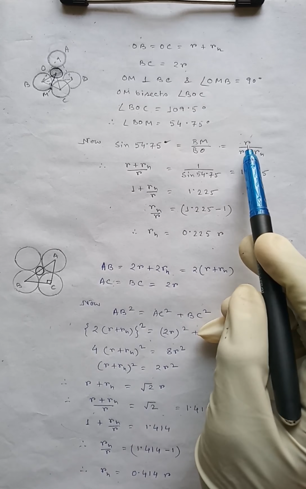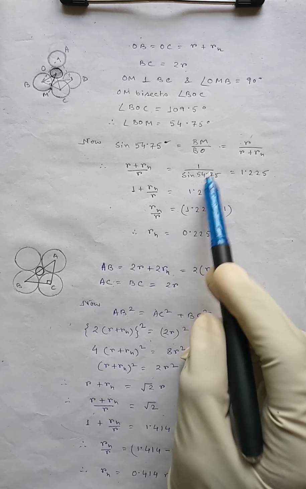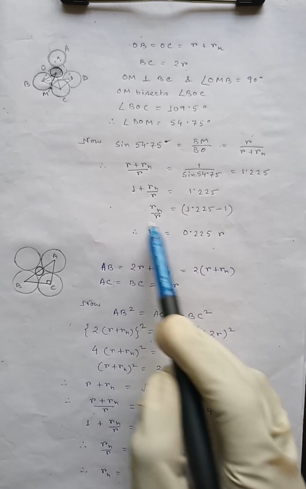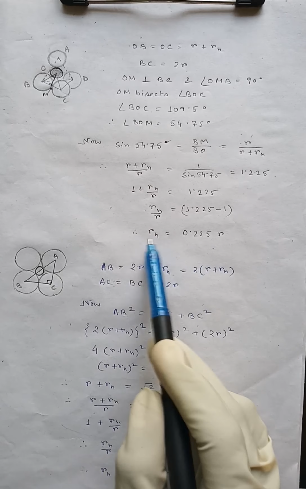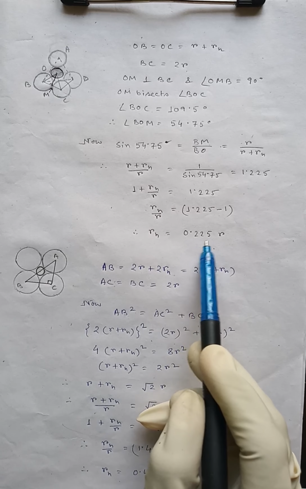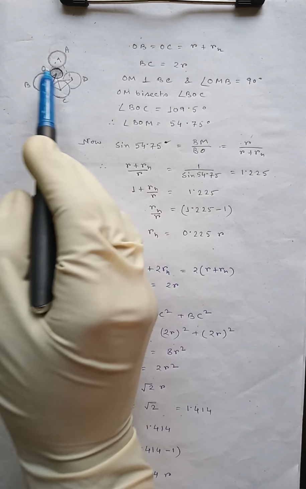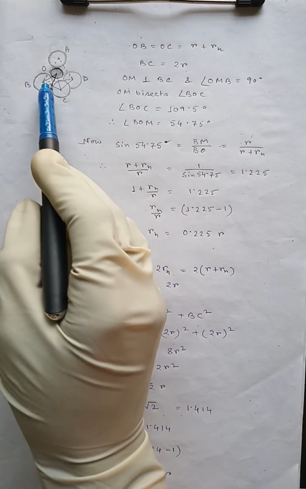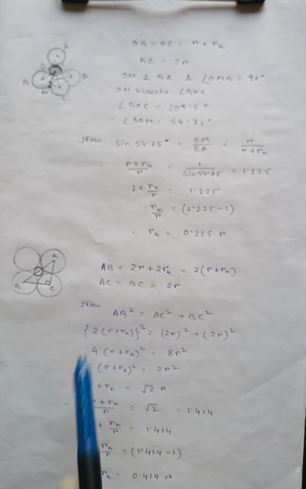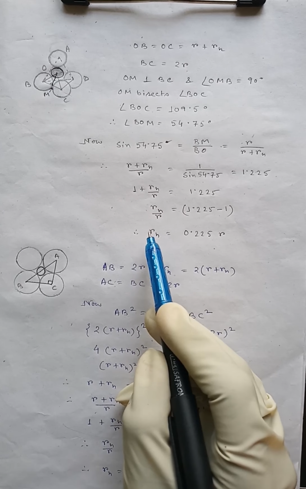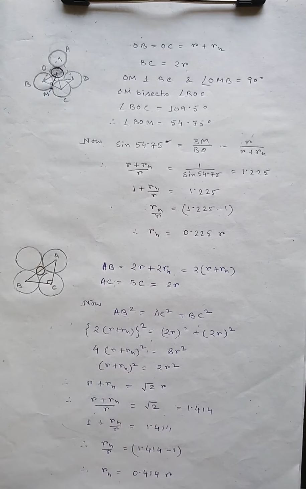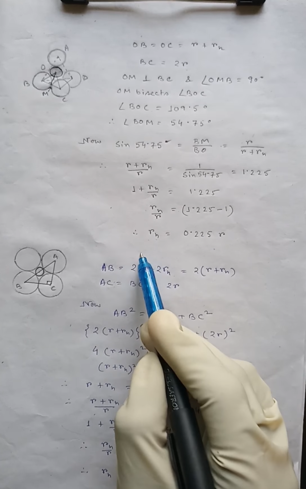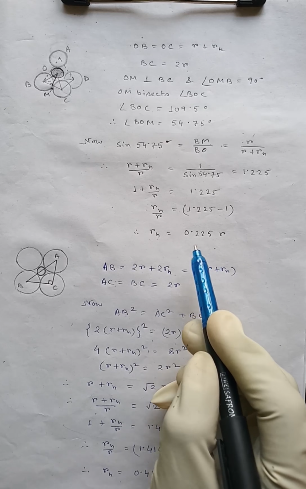So from this calculation we will get 1 by sine 54.75 is equal to 1.225, and with a brief calculation we will get RH is equal to 0.225 R. That means the radius of this hole is 0.225 times the radius of this anion. And we know that the hole is occupied by the cation, so this gives the radius ratio RH by R is equal to 0.225.